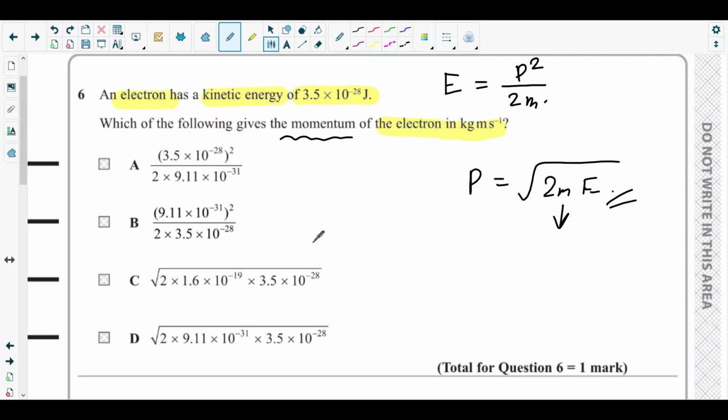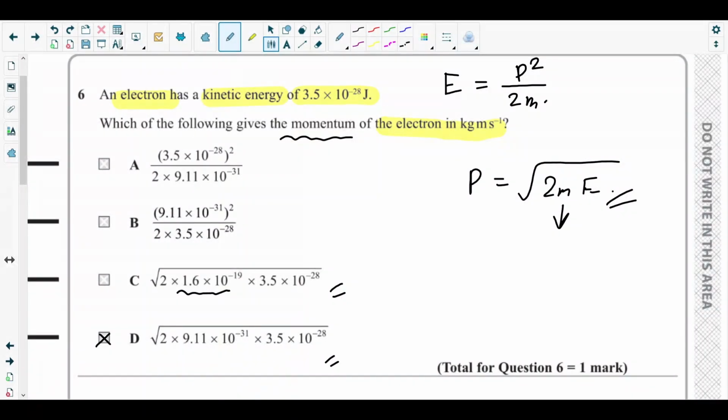Either C or D would be the answer, but in option C they have written the charge of the electron instead of its mass. So C is not the answer. The only answer is D. So for question number 6, D is the answer.